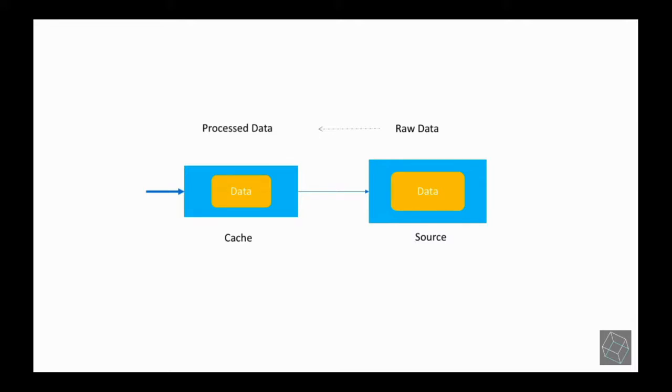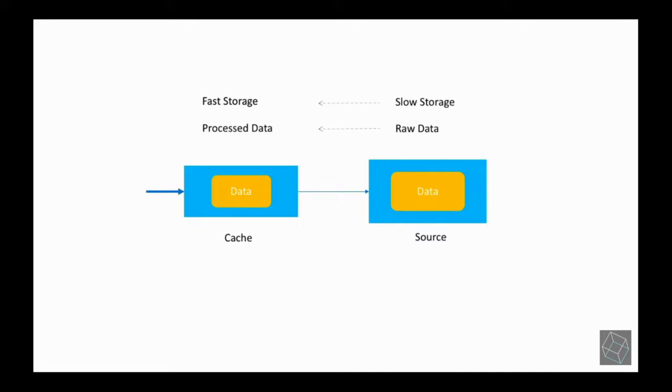So in order to avoid computing data from raw data again and again on every request, what you can do is take the raw data, compute it one time, and save the computed data as processed data into the cache, so that your application, instead of taking the raw data, processing it and showing it on the UI, can directly take the processed data from the cache, and that's how it can save repeated computation every time.